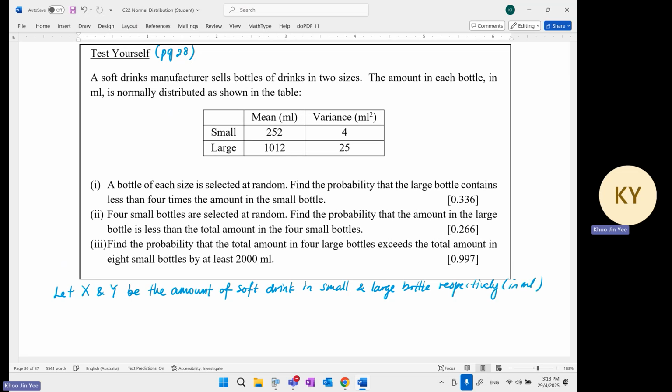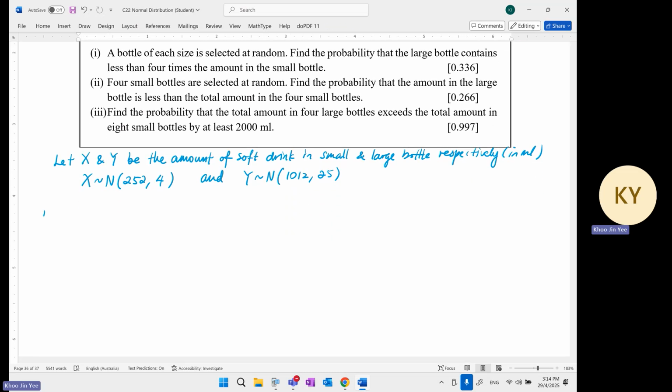The unit, be careful, sometimes you need to convert. So x follows a normal distribution with mean 252 and variance 4, be careful. And y follows a normal distribution with mean 1012 and variance 25.